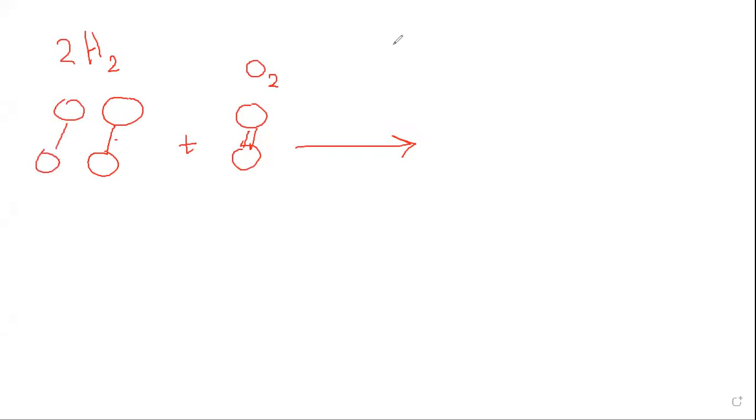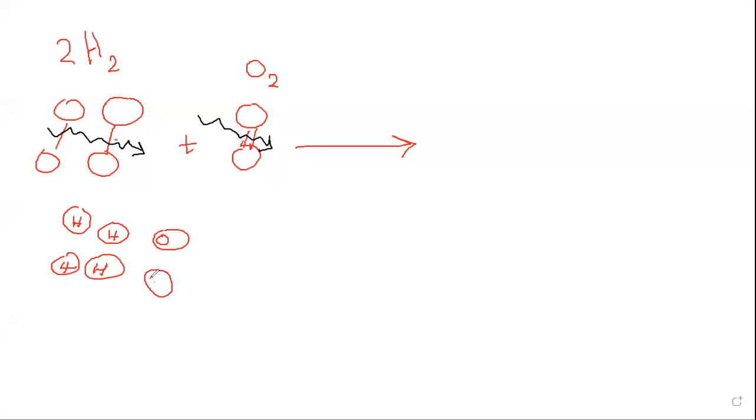So what is the first step of any chemical reaction as we studied, Fadia? We are going to break down, divide the bonds. We are going to break down the bonds, yes or no? Yes. So atoms will be free. So we have 4 hydrogen atoms which are free now, and the 2 oxygen atoms are free, yes or no?